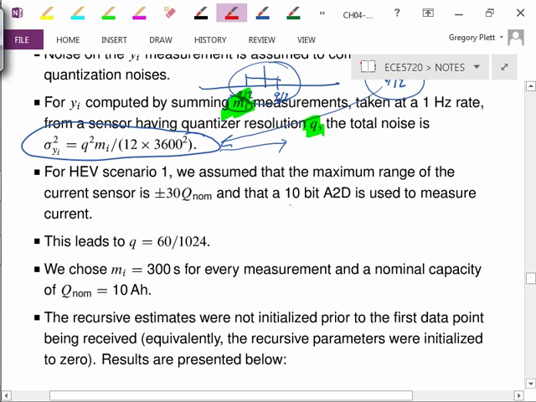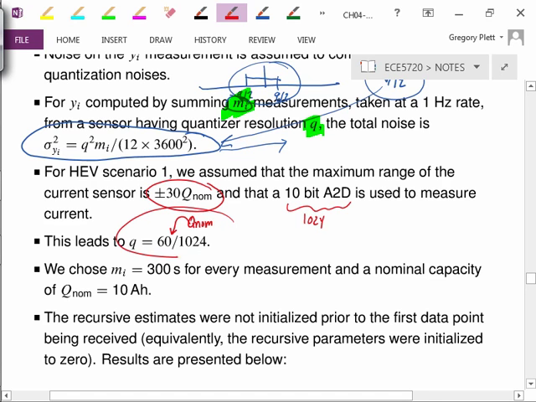That means over the full range, I have 1024 quantum levels, or Q is 1 over 1024 times the maximum range. The maximum range is plus minus 30Q, so I'm missing a Q nom on this page. The Q is 60 times Q nom divided by 1024. The typo is on this page only. The code is correct.